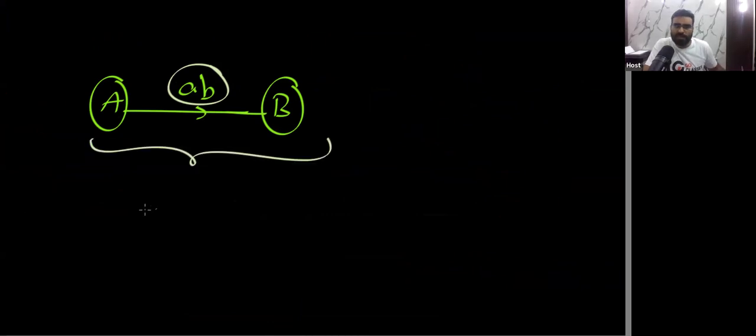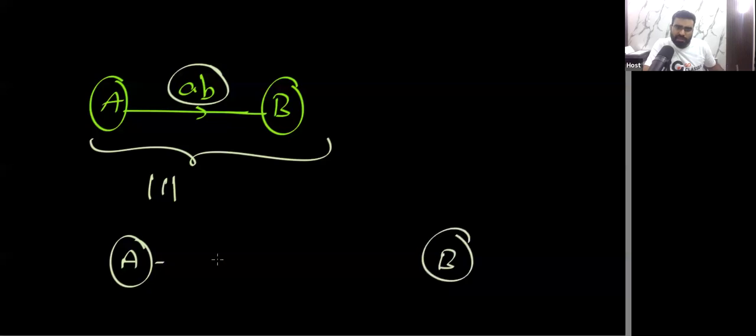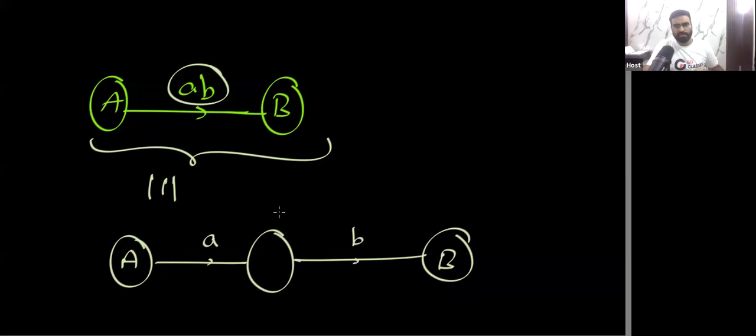We cannot make this type of edge directly. Actually, it is equivalent to this: first a should come, then you go to some dummy state, and then b should come. So they are basically equivalent. Is this point clear?